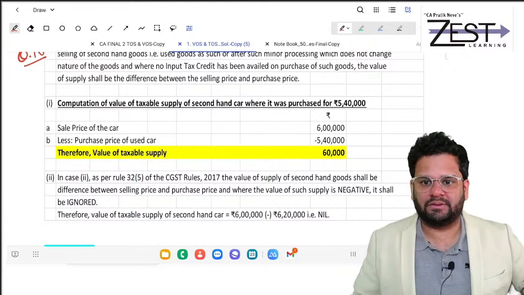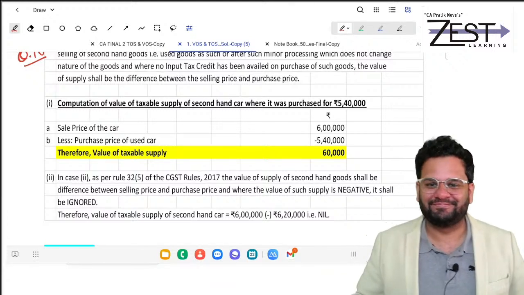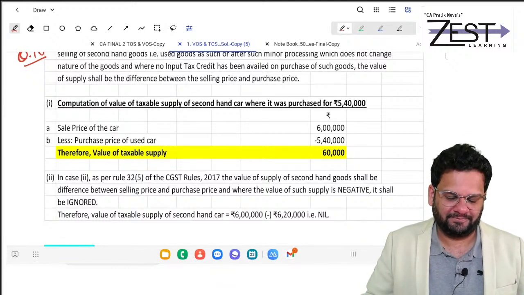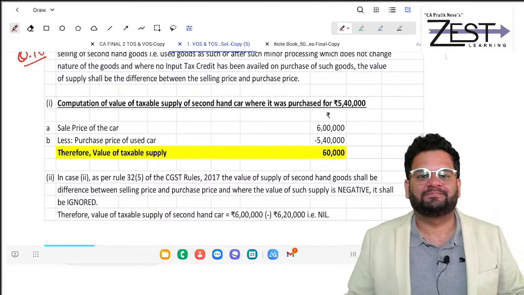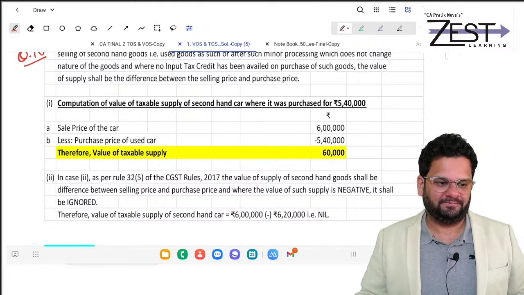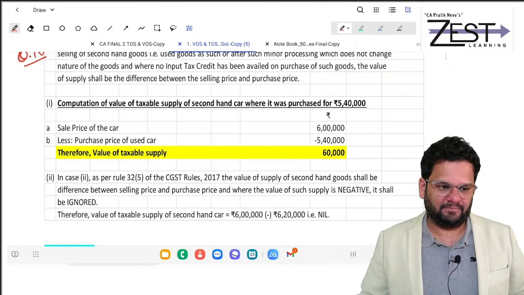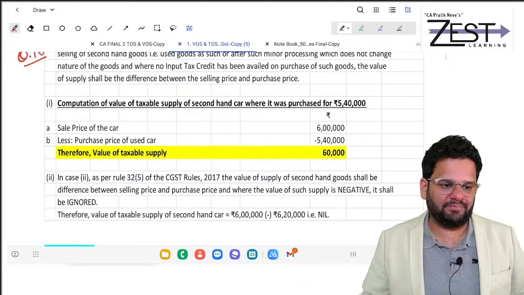Is it done, Ashimaji? This you must be doing in the sums notebook.